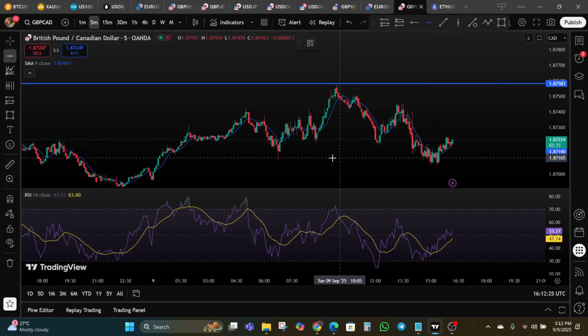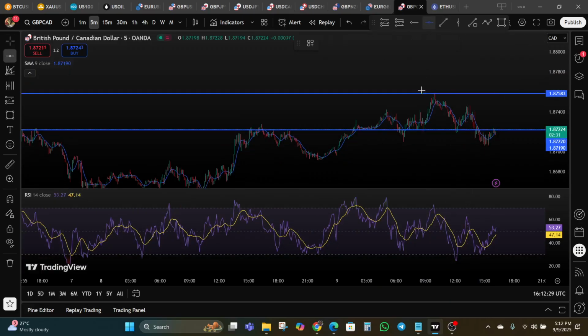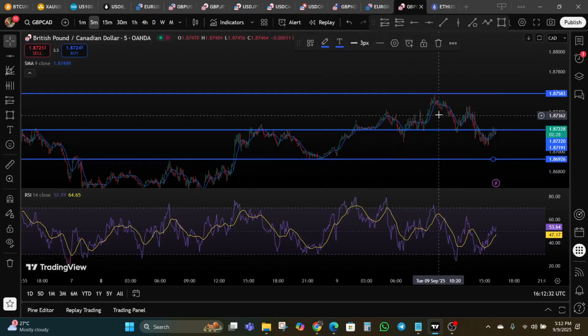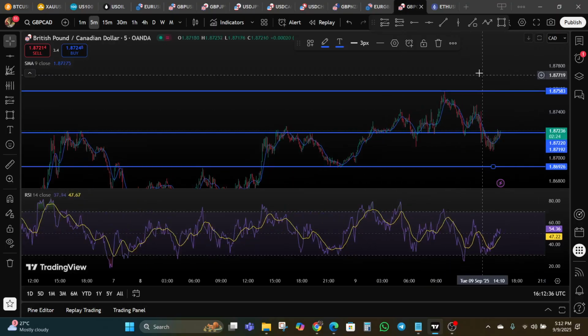Okay, these are common choices, right? These are indicators and tools that can aid or assist you when it comes to technical analysis.